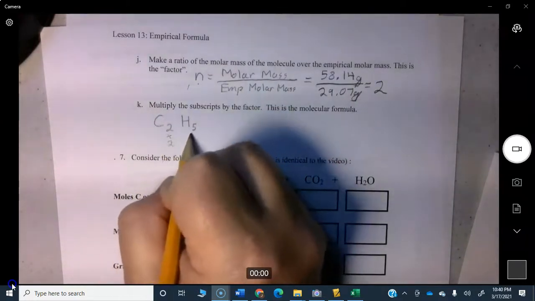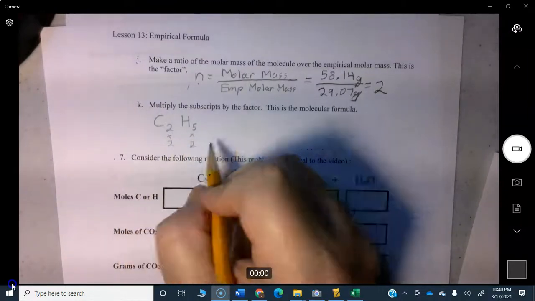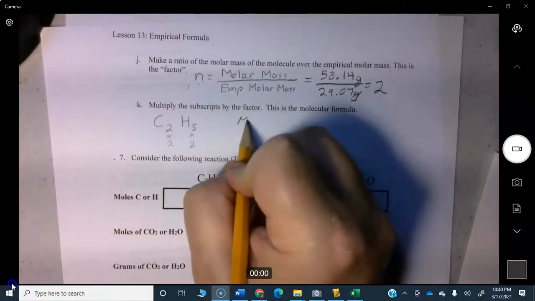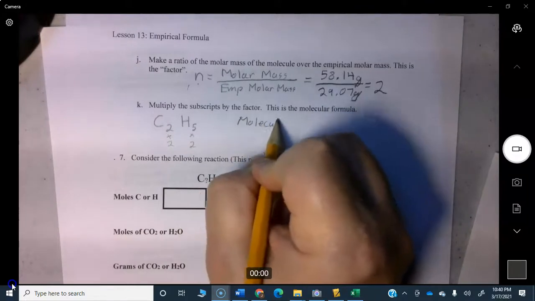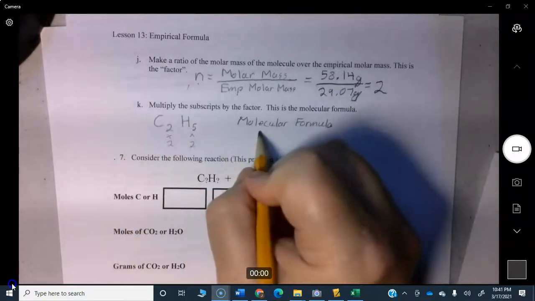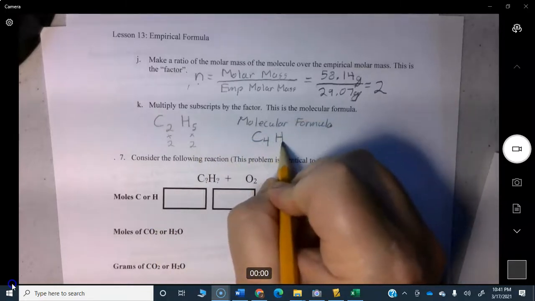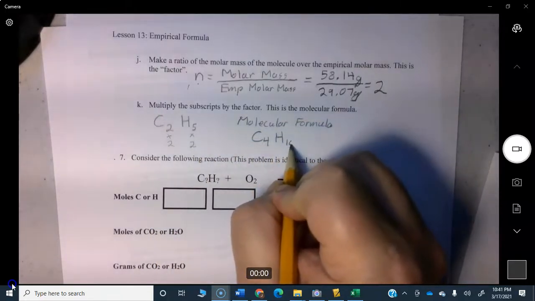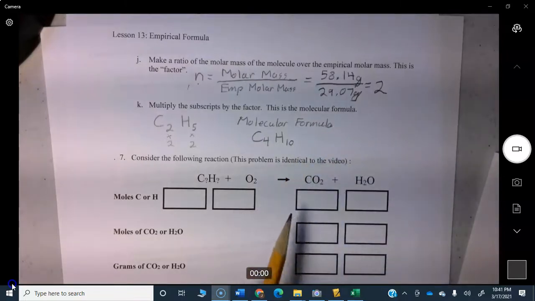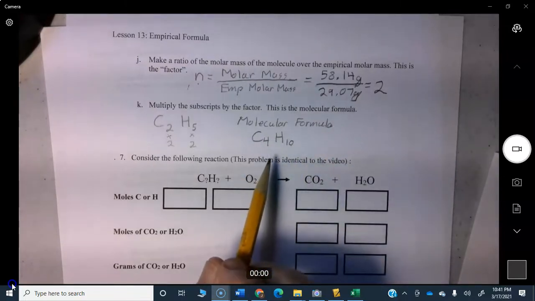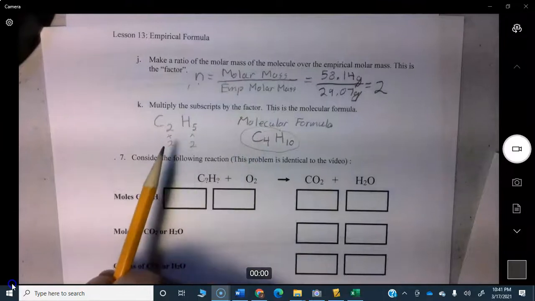Multiply that times 2, multiply that times 2. And what you end up with is the molecular formula. This is your final answer. 2 times 2 is 4, so it's C4, and 2 times 5 is 10, H10. And that is a molecule called butane, right there.